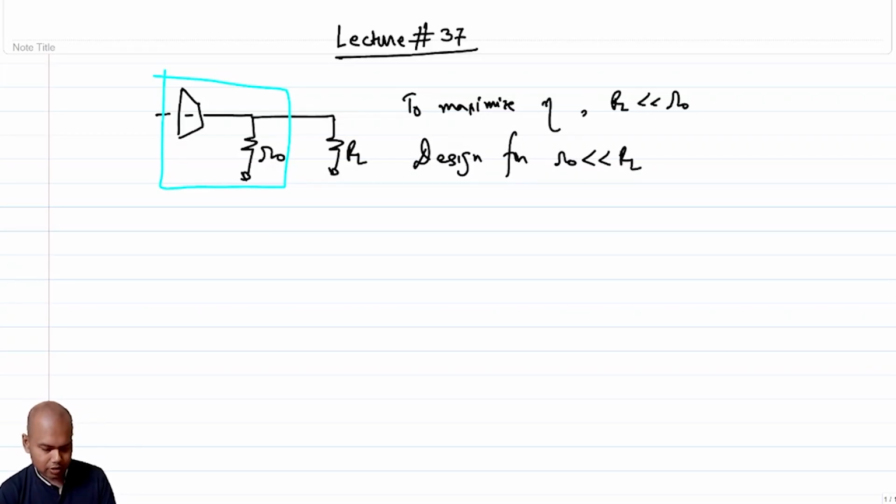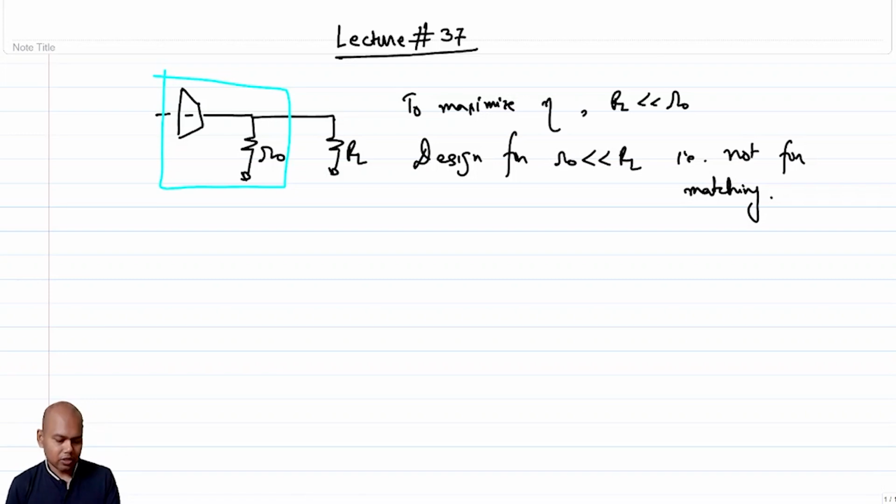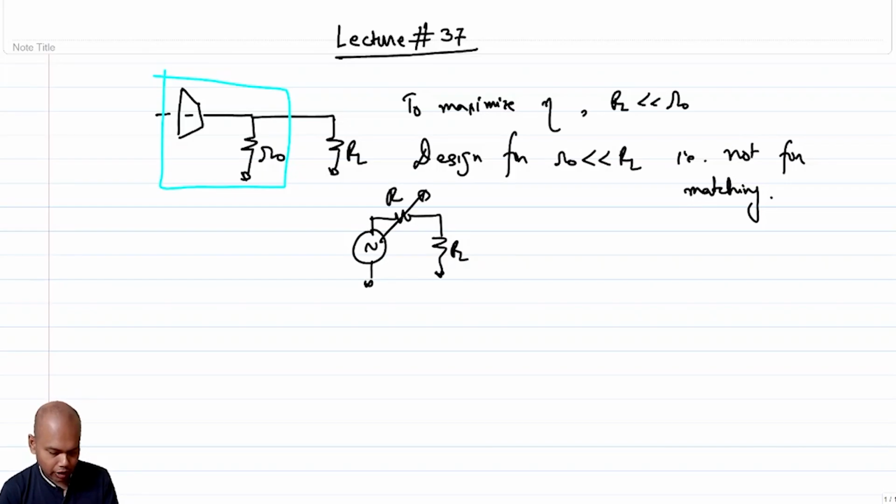Now note that this is not for matching. This should be obvious, because if you recall that analogy, if you are designing this and you want to maximize the power delivery to RL when you have control over RS, you would want RS to be equal to 0, not equal to RL, right?